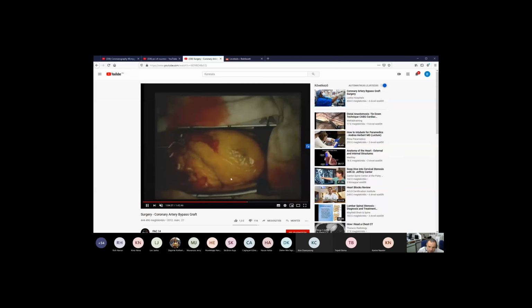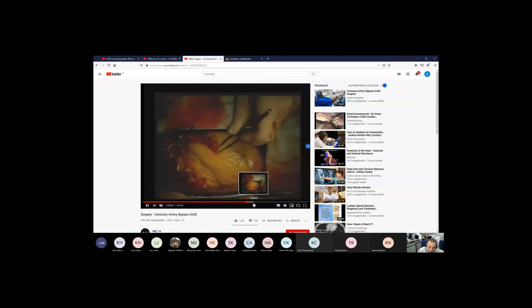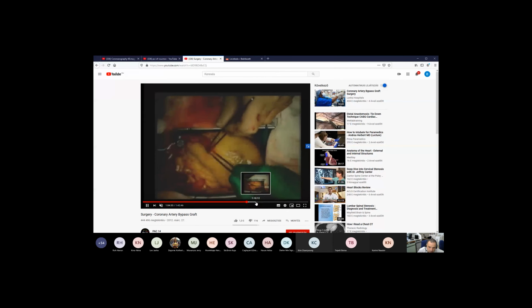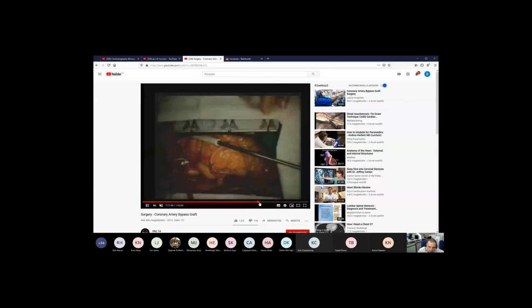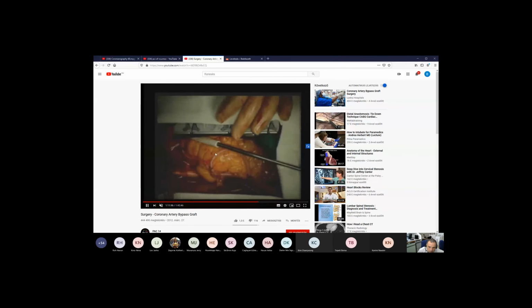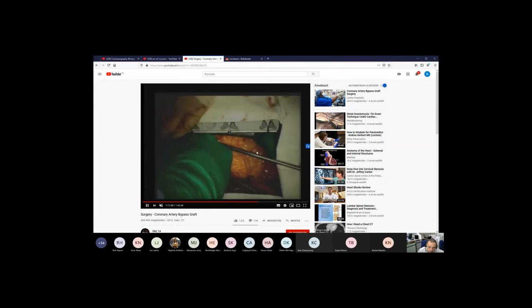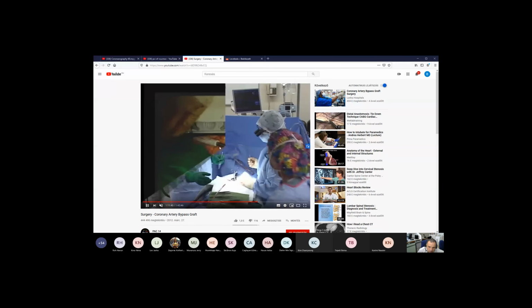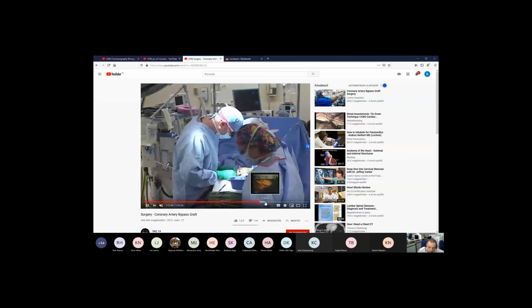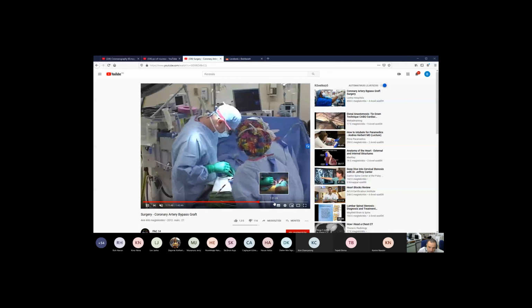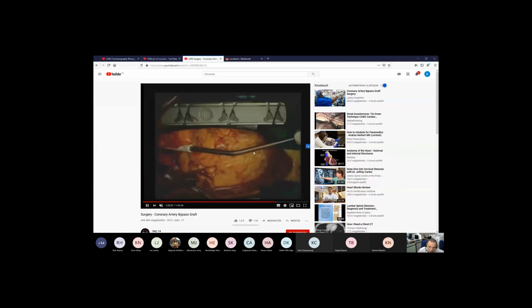Okay, and then if this is done, many times people use multiple vessels, and a bit later you can also see that there is the vein here. The artery is not visible now, and the heart already starts to move. And a bit later, if we come back, then you will see that the heart gets its pumping function back again.